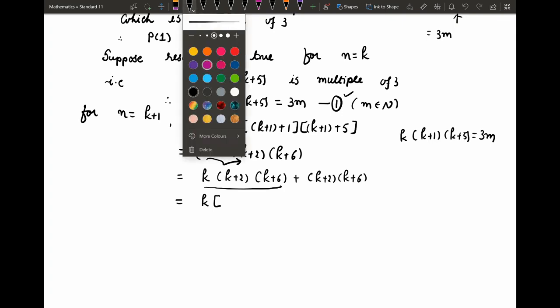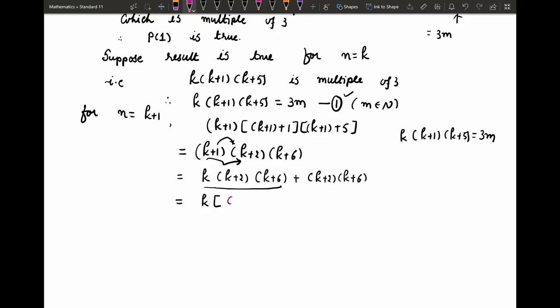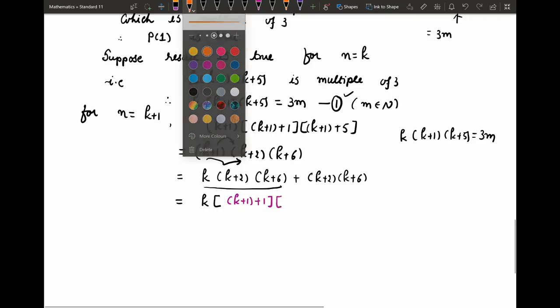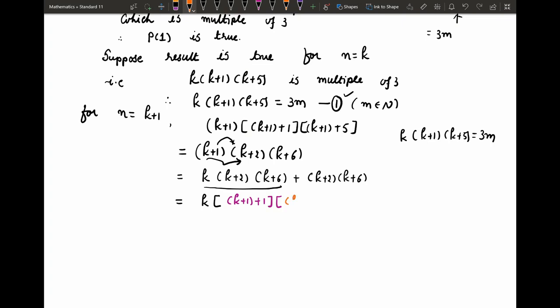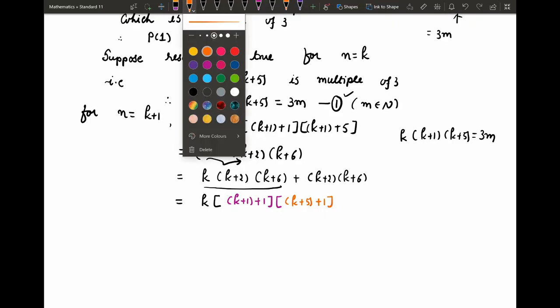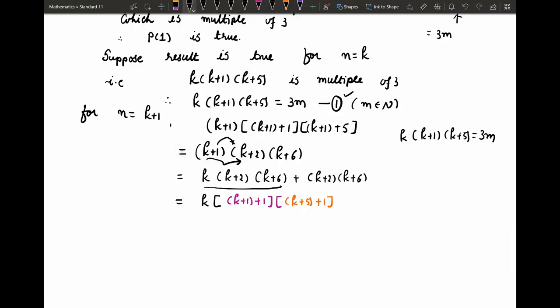This k plus 2 we will write as k plus 1 plus 1, and k plus 6 we will write as k plus 5 plus 1, remaining as it is, k plus 2, k plus 6.